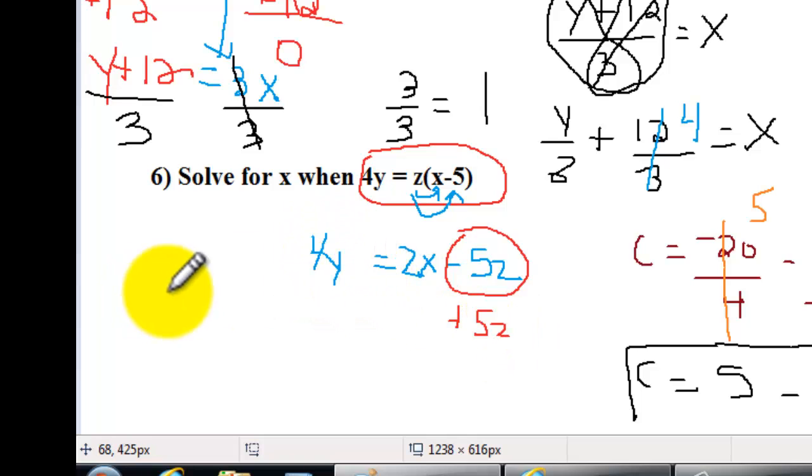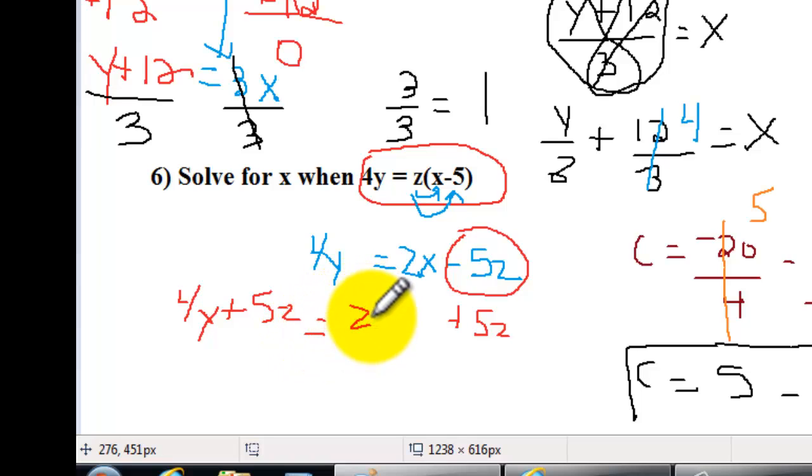When you add 5z to 4y, you can't really do much with it, so you just simply say 4y plus 5z. This is tricky. Make sure you make your z's really obvious. If you get mixed up along the way during this problem and you end up with 2's, it really messes you up.